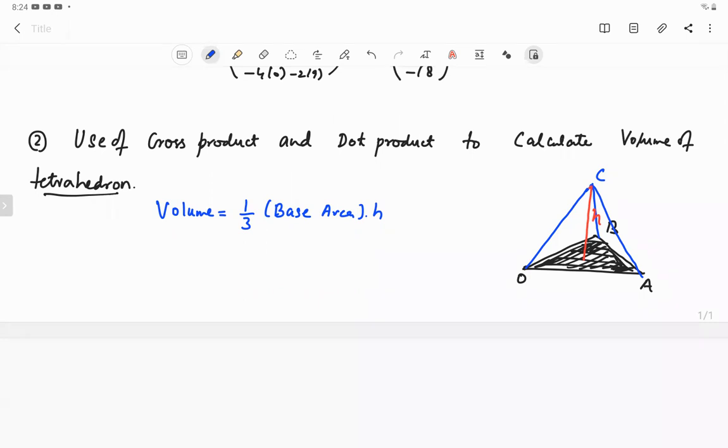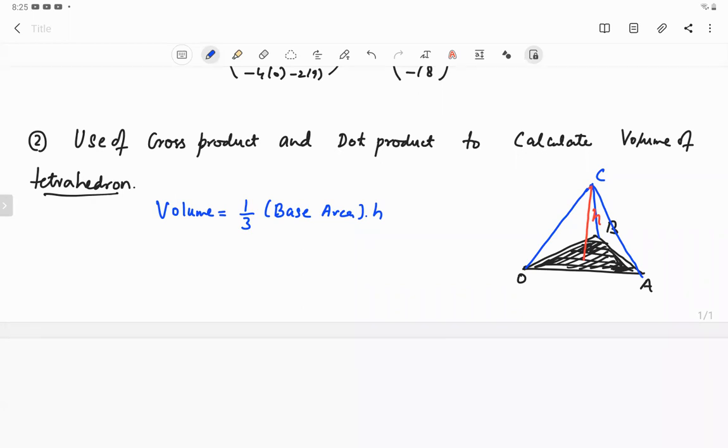The very first thing that I would like to mention over here is that first of all, let's see what H is. Okay, what is H? H is the height of C above the plane containing O, A, and B.